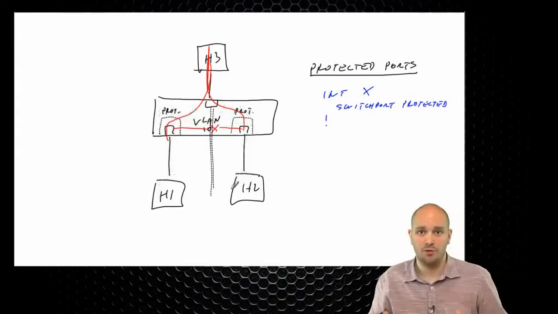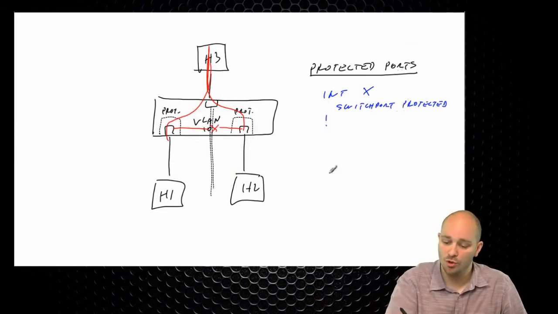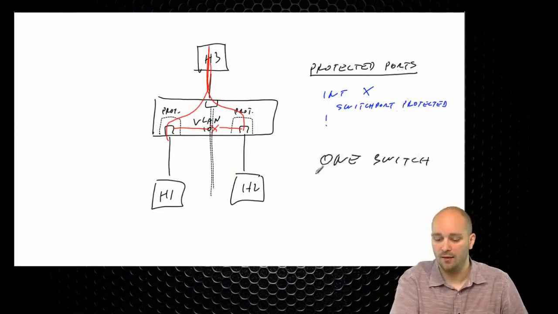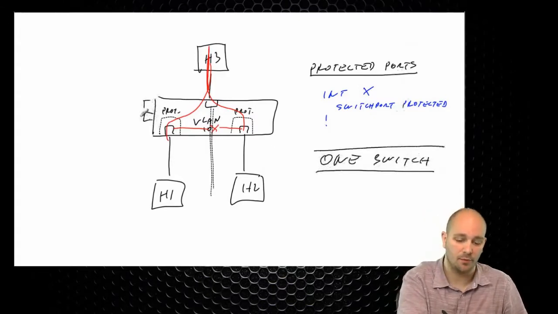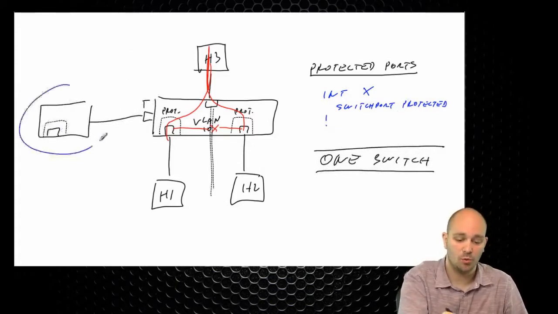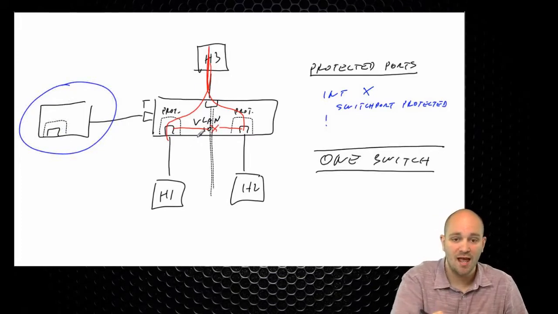Now, protected ports were a very good feature as long as you used only one switch. The reason was that if we added a trunk here, for example, and we had another switch that had a protected port here, this switch was not aware of any configuration of the protected ports there and the other way around.